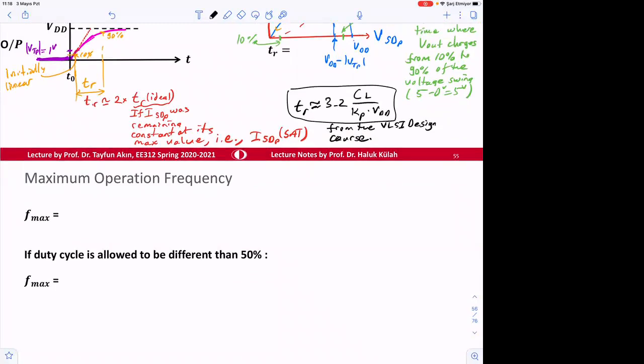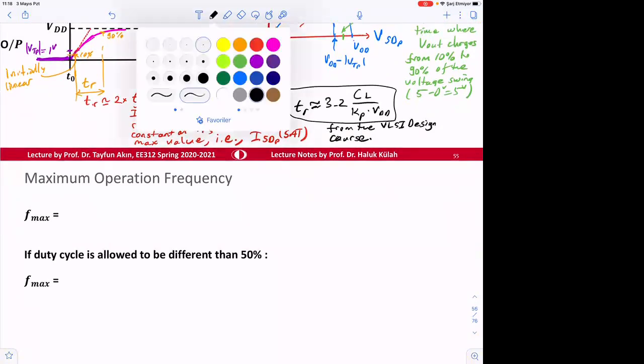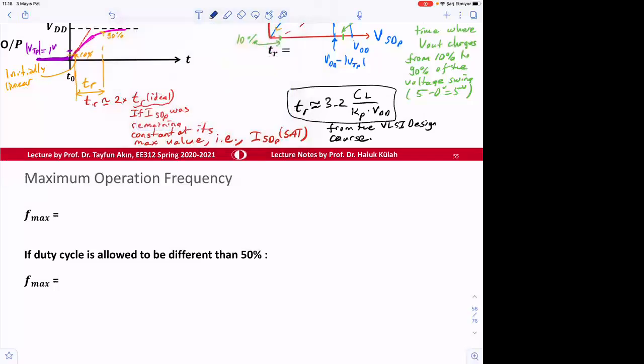Maximum operating frequency, Fmax, is going to be equal to 1 over 2 times the maximum of T rise and T fall.